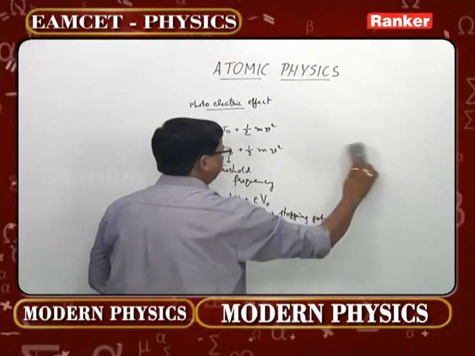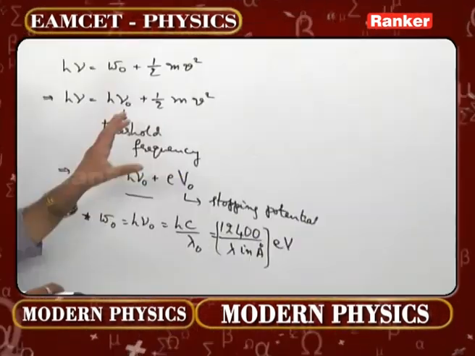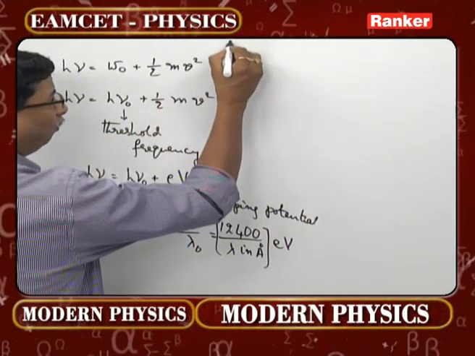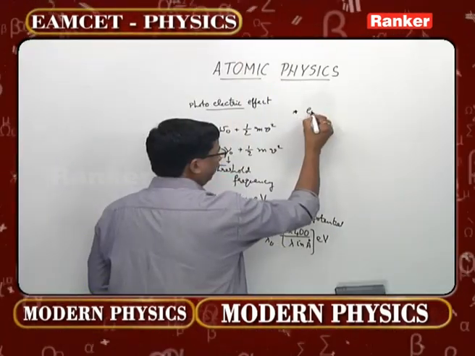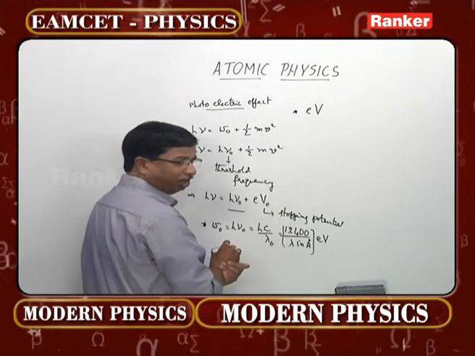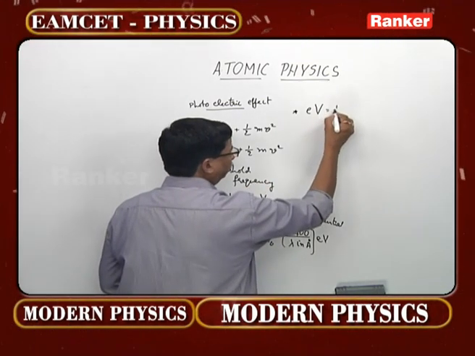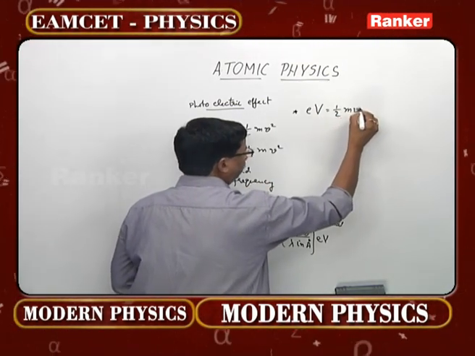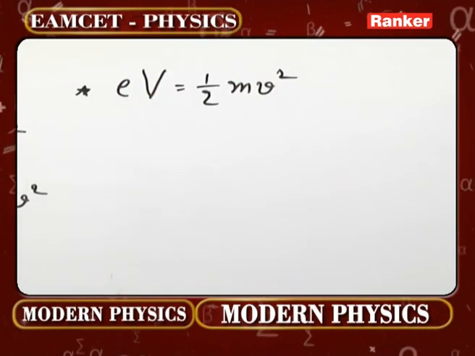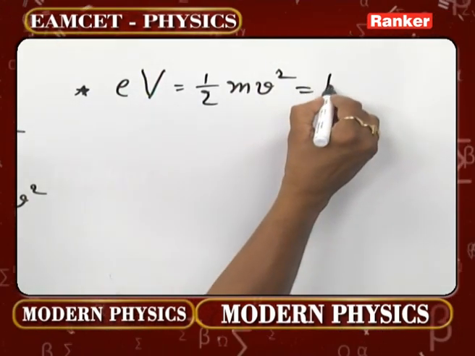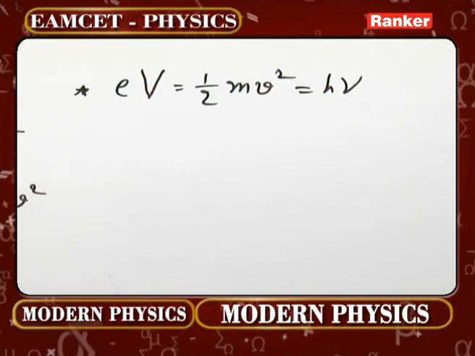Now, come to the next one, that is regarding X-rays. In X-rays, mainly we have only one formula, that is eV, the energy gained by the electron, will now be in the form of half mv square, that is kinetic energy of the fast moving electron. That only will be converted into an X-ray, that means h nu.